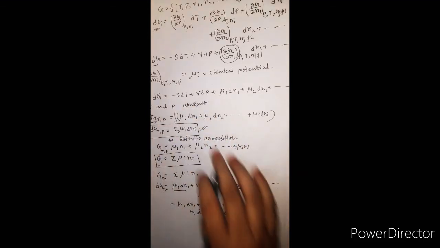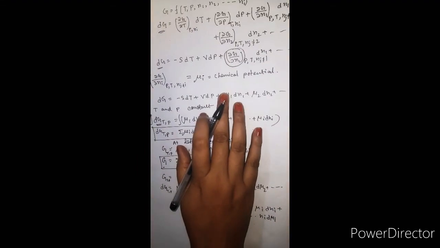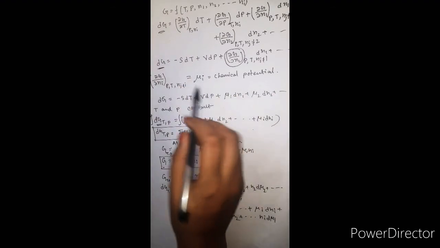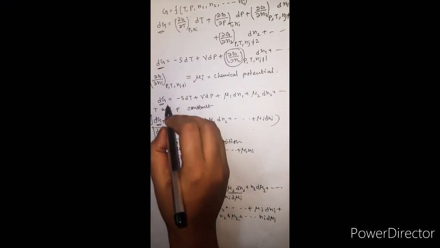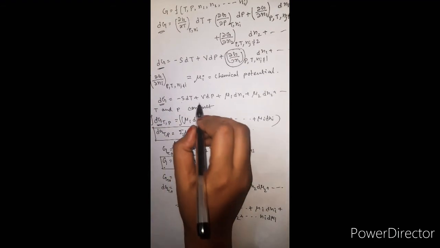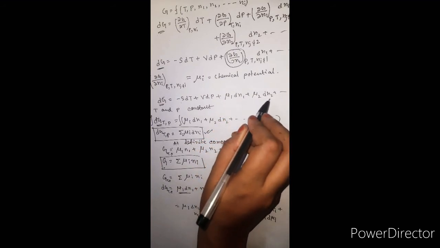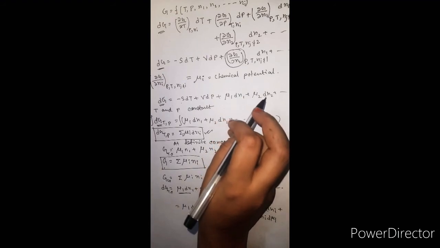Now considering the general equation for dG, we are getting dG is equal to minus S dT plus V dP plus mu1 dn1 plus mu2 dn2, and it will continue to mu_i dn_i.